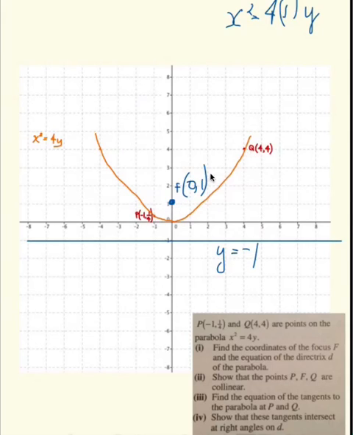If we can show that they have the same gradient, then they're parallel, but if they share a common point, which is F, then they're on the same line. So you're going to show two gradients and explain that because they share the point F, they are collinear.